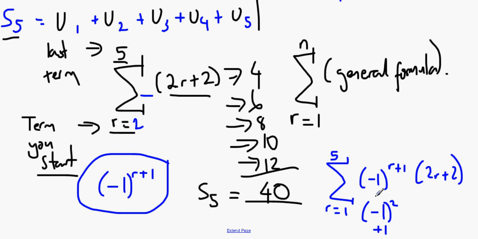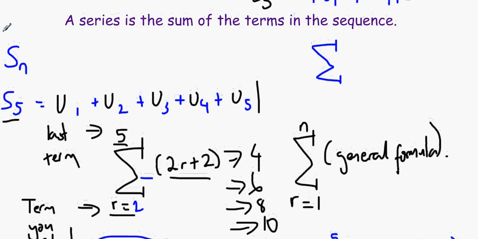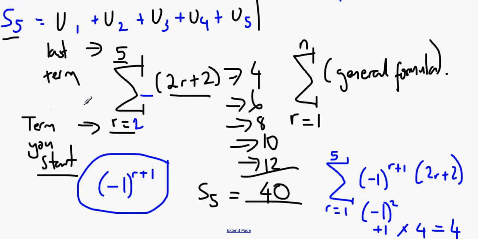And then we just substitute 1 into here as well. 2 times 1 equals 2, plus 2 equals 4. And that will equal positive 4. That's just the basic rule of thumb if you've got alternating signs.